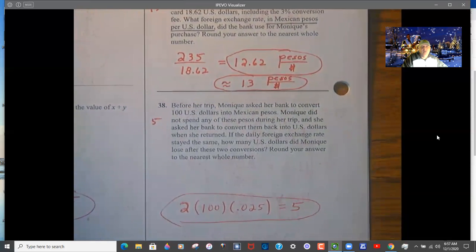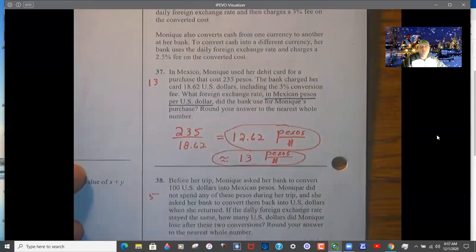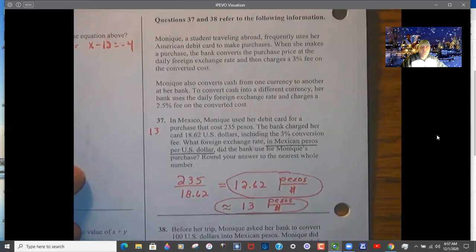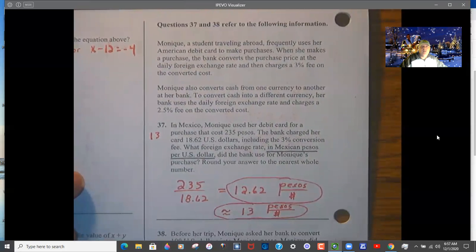Okay, and then here, you're doing this twice. How many US dollars did you lose after the 2 conversions? So you're taking $100 and converting it once to go there and then on your way back. So then you got to go back up here. Here we go again with all of this social studies jumping around.